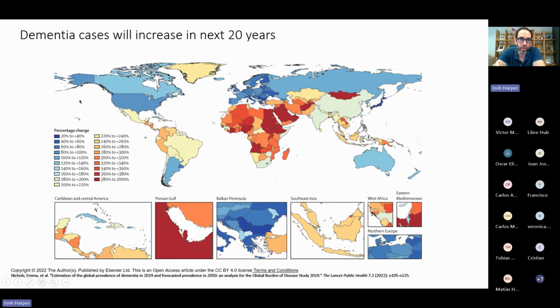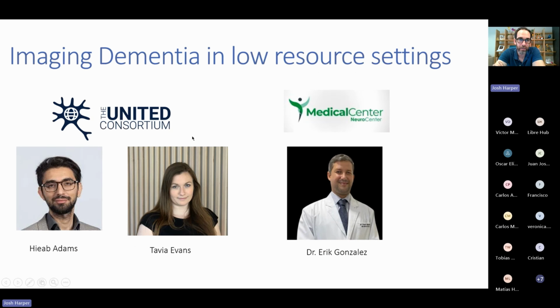And so what we're working on, funded by our friends at the United Consortium, Dr. Adams and Tavia Evans, we're working on building this MRI to send to our collaborator, Dr. Eric Gonzalez, at the Medical Center Neurocenter in Santa Cruz, Bolivia, where they will do an imaging study with the low field MRI system and a high field MRI system to do some comparative image analysis on the types of things that we can see for dementia patients between the two imaging modalities.